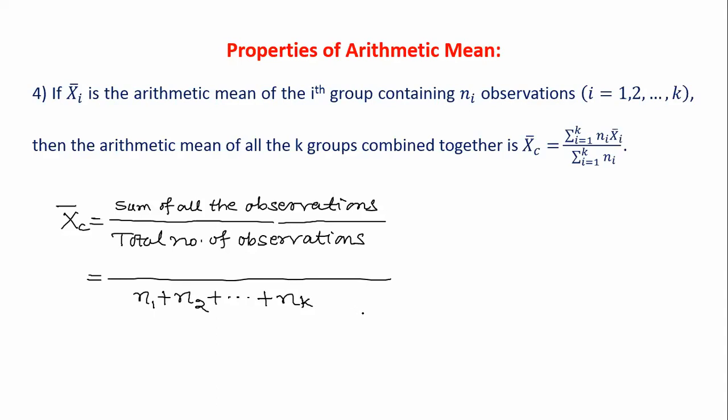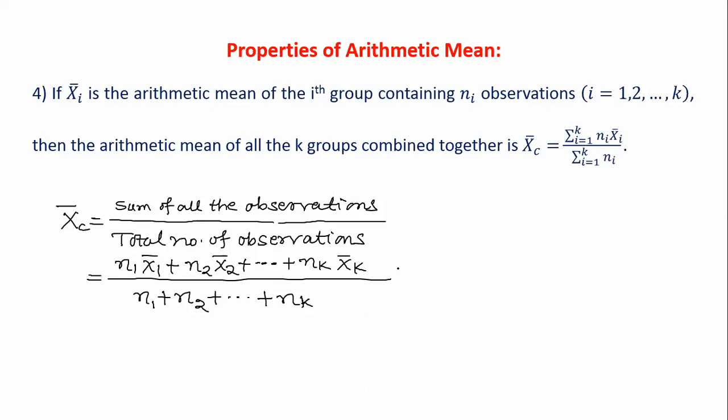In the numerator, we'll be having the sum in each group. First group has n1 observations, arithmetic mean is x1 bar. So the sum of these n1 values will be n1 into x1 bar. Similarly, the sum of values in the second group has to be n2 into x2 bar, plus and so on. For the kth, there are nk observations and arithmetic mean is xk bar.